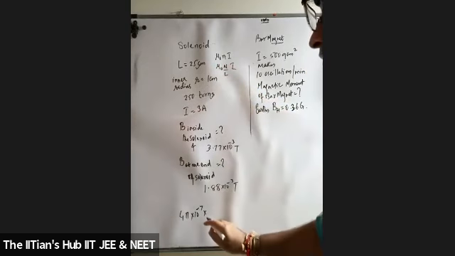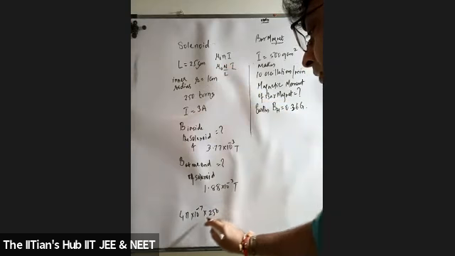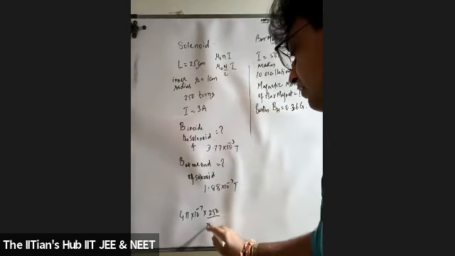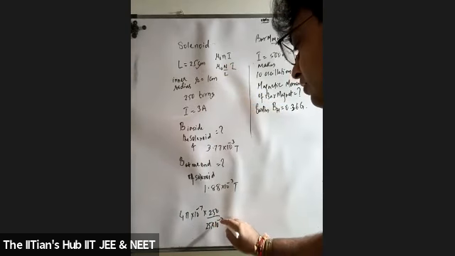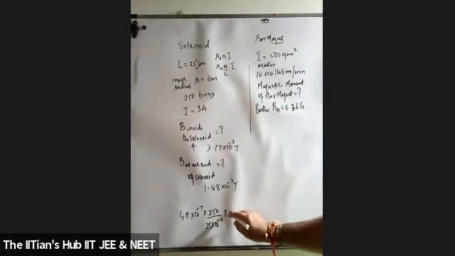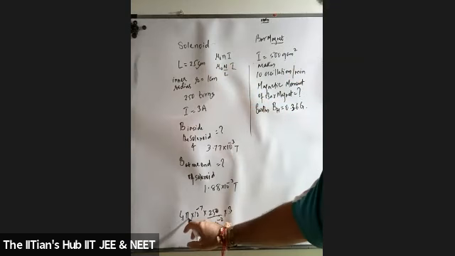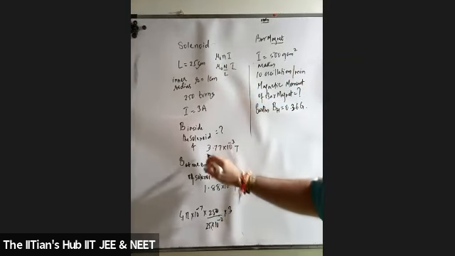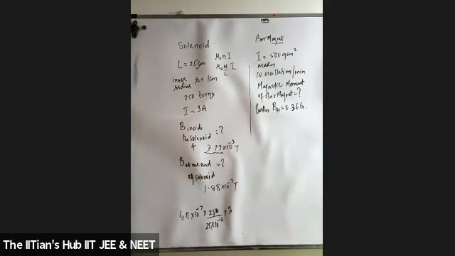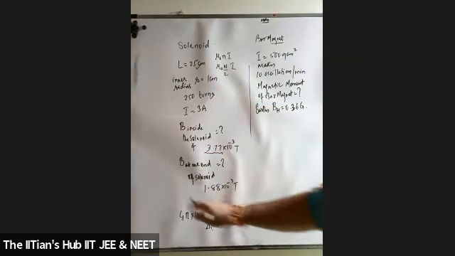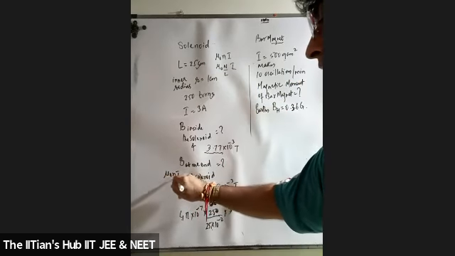This will be number of turns 250 upon length 25 into 10 raised to minus 2, into current 3 ampere. 4 3s are 12, 12 3s are 36, and this will get cancelled. Your answer will be around 36 or so. And if I say at one end, then the formula will be mu naught Ni divided by 2.